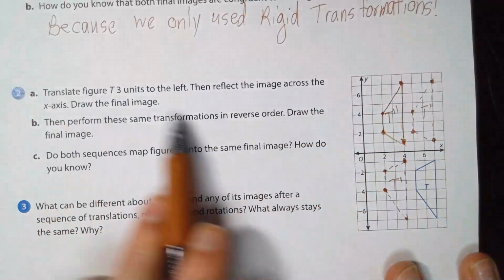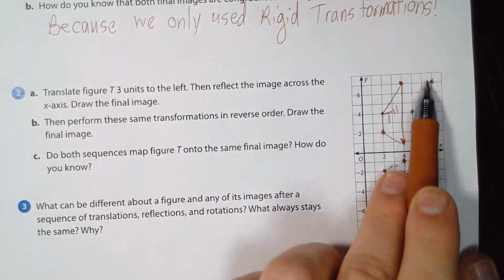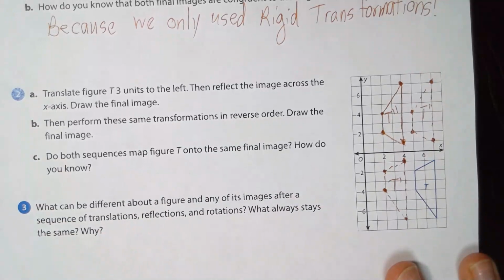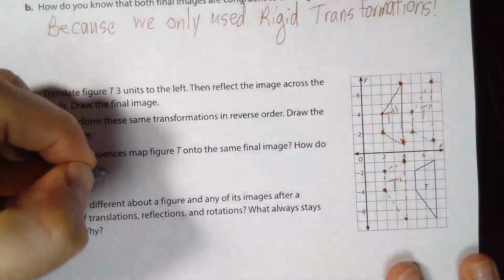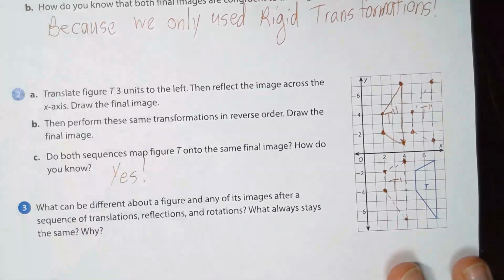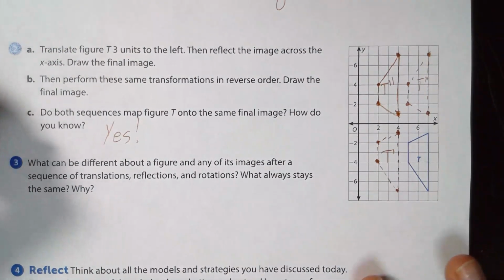And then we're going 3 to the left. 1, 2, 3. Oh, we ended up on the exact same place, didn't we? Do both sequences map T onto the same final image? Yes, they in fact do. Interesting. How do we know? Well, we can see it.